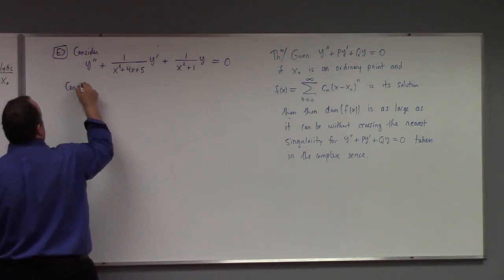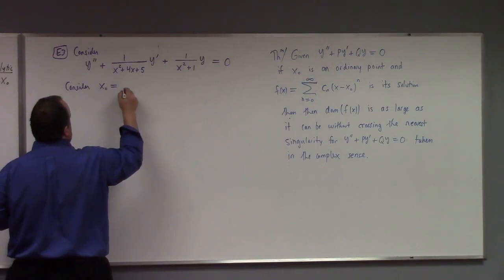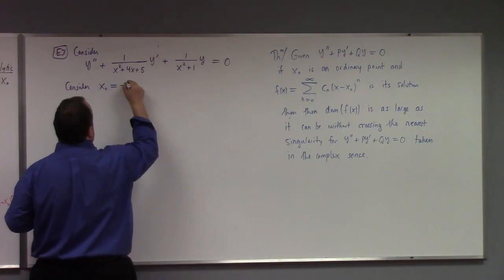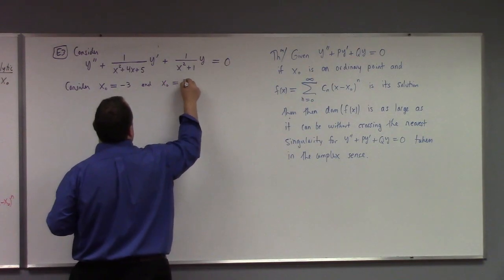Consider x naught equal to, let's say, minus 3, and x naught equals 2.